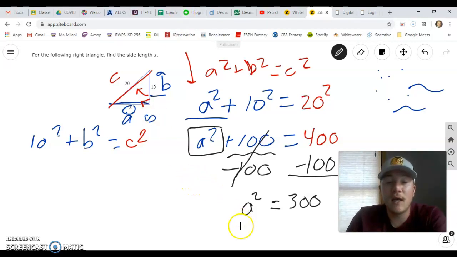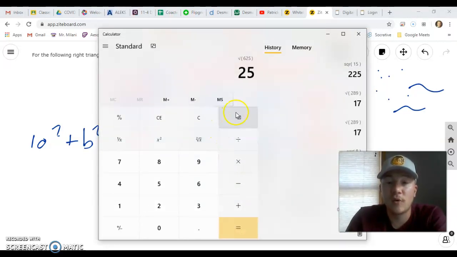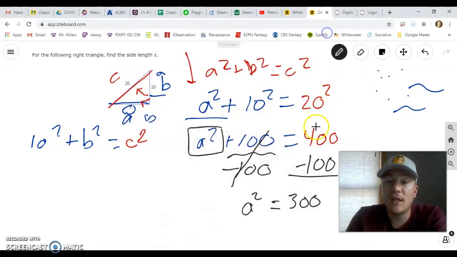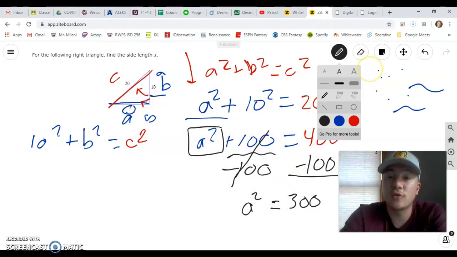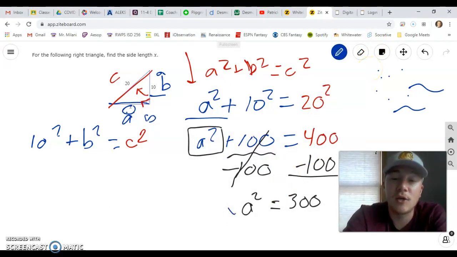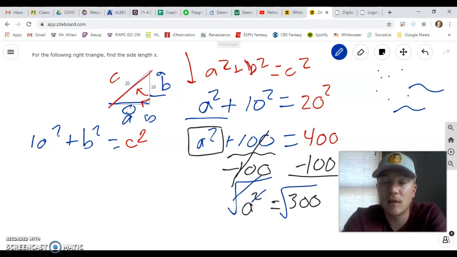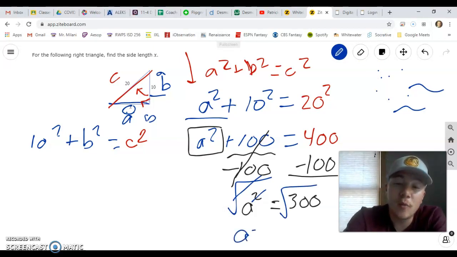Now, with these legs, it may so happen that you end up with decimal answers. In order to get that A by itself, because remember, it's an A squared right now, you're not done. You have to take the square root, same thing as last time, to cancel out that square. So you're going to end up with A equaling the square root of 300.